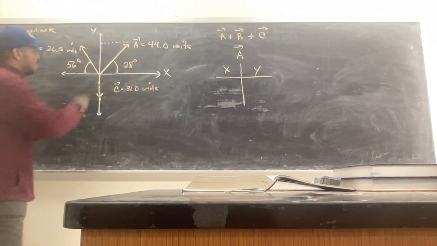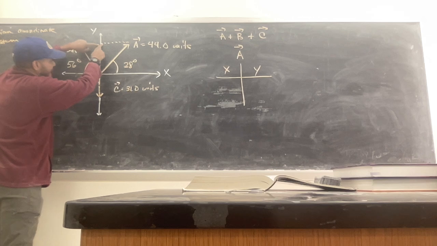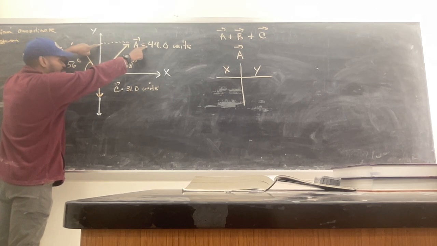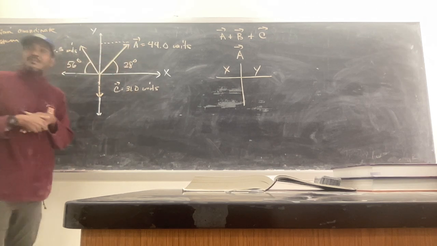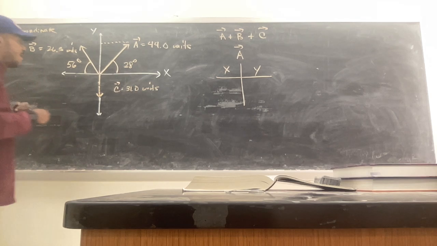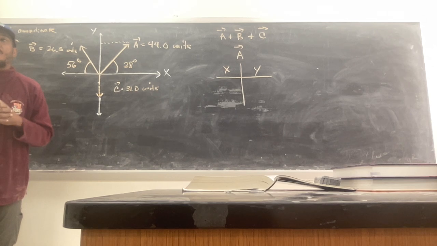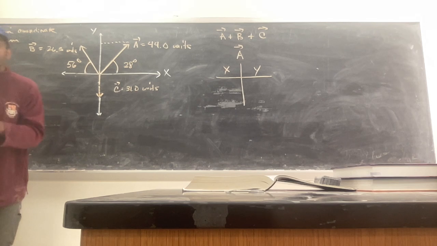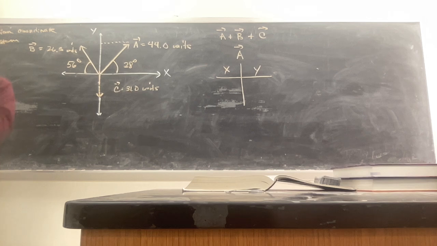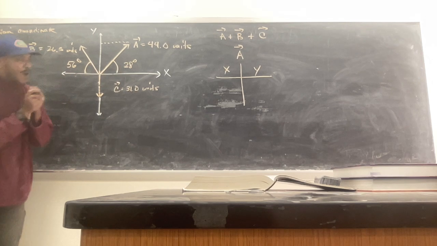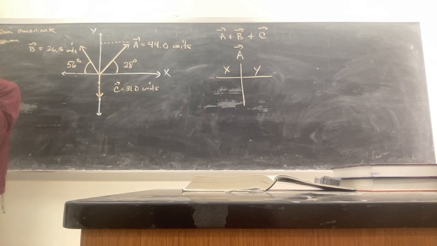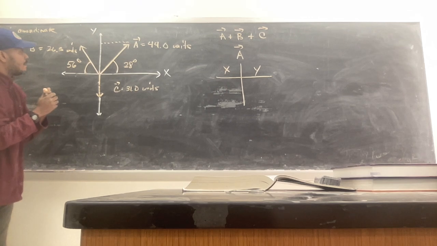So the x and y component. This right here tells me how far A goes in the x direction. Right? So where's the y component of A? What did I just say? A component tells me how far the vector goes in a specific direction. So show me where the y component of vector A is. Just go down from where x is, or up.